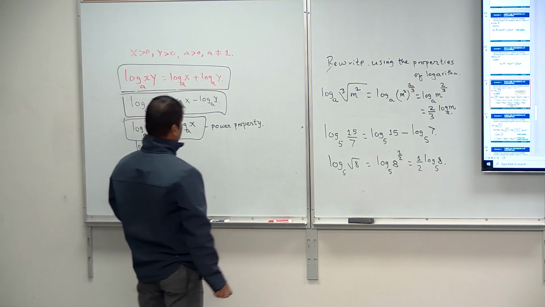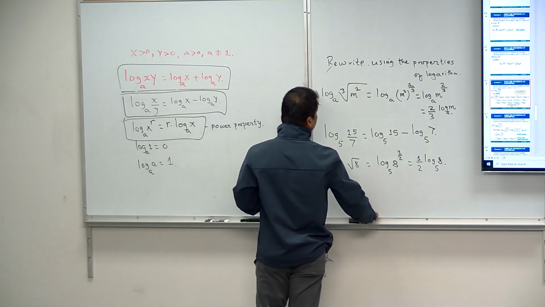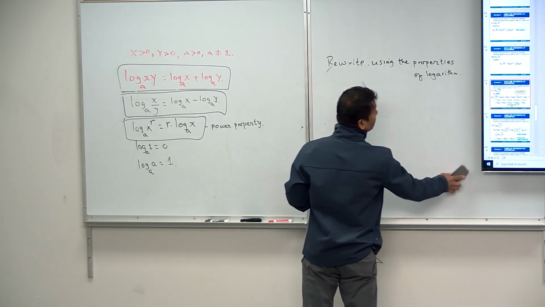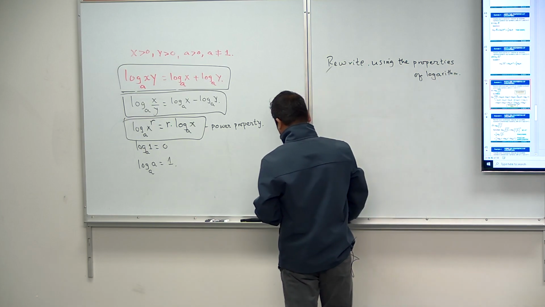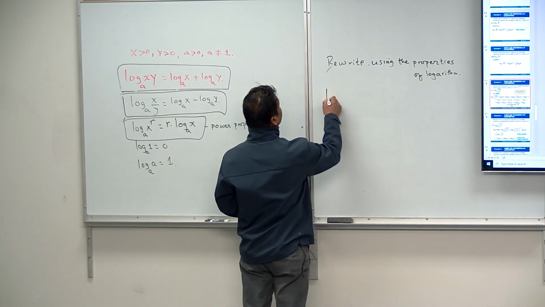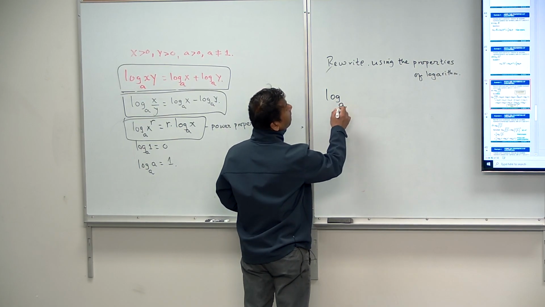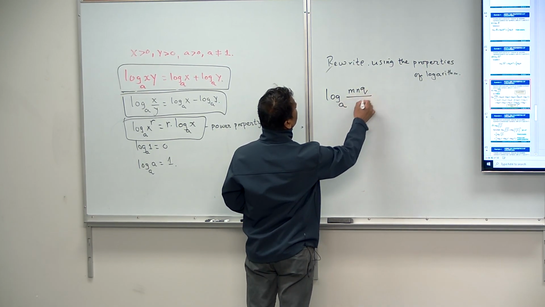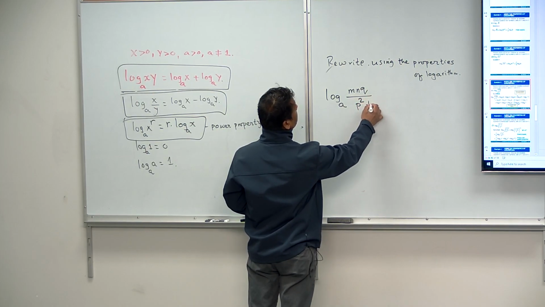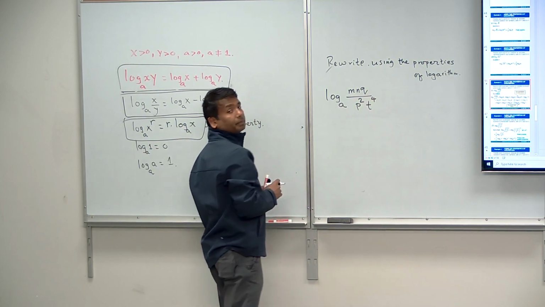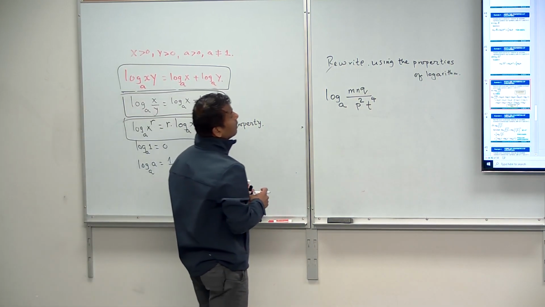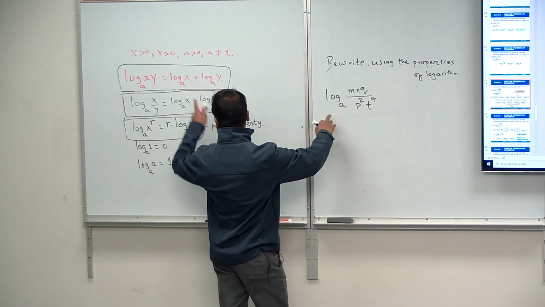And now for this one, let me erase this. So if you have a logarithm with base a of m n q over p squared t to the power 4, rewrite this expression using these properties.